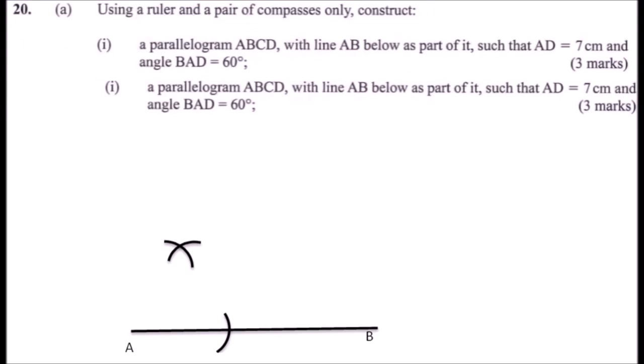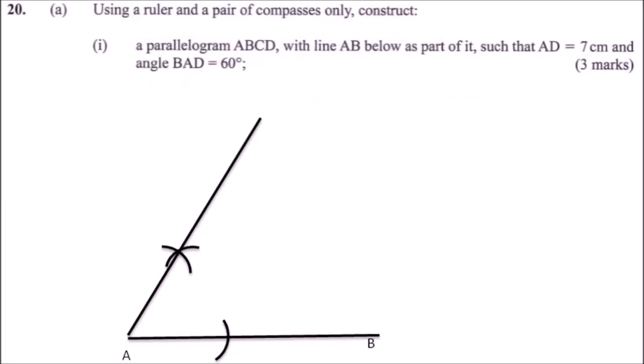So this is the line that we have been given, AB, and because we are told that AD is equals to 7 centimeters and BAD is equal to 60, we start by constructing angle 60 by making 2 marks from A to where I have my mark. Then you mark two other marks, and when you join this point to A, you have constructed an angle of 60.